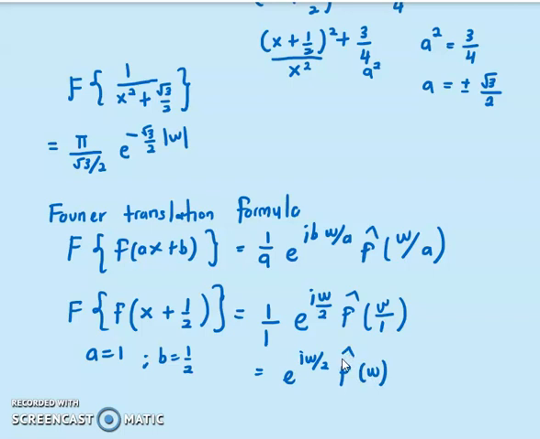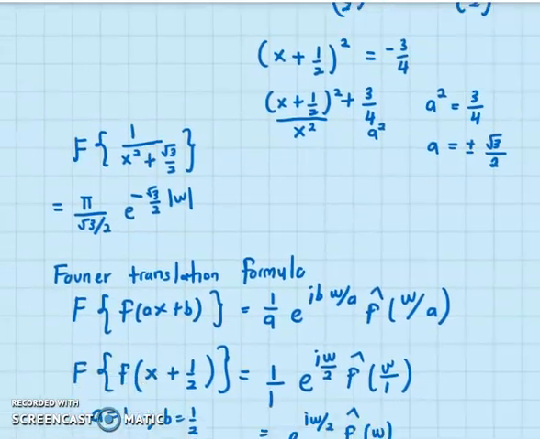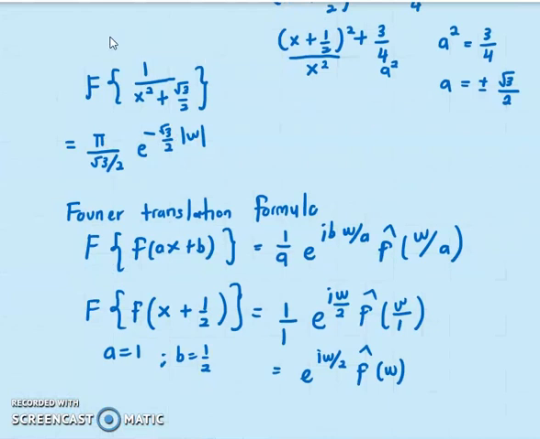Okay, now what is f hat omega? f hat omega is the one we have obtained here. So the Fourier transform of this will give me f hat omega, which is this thing.